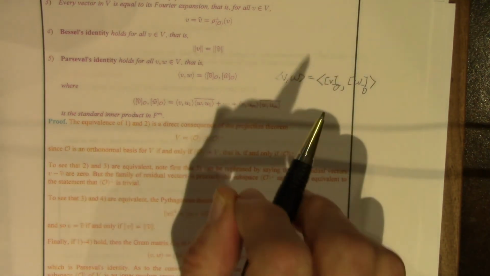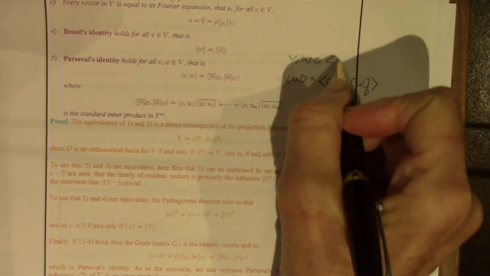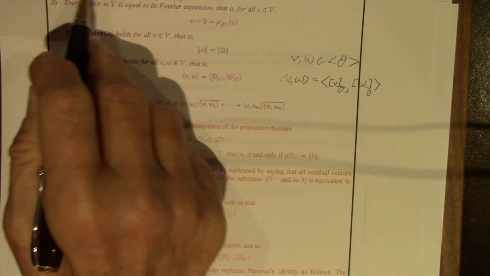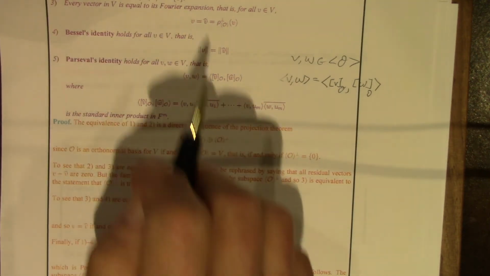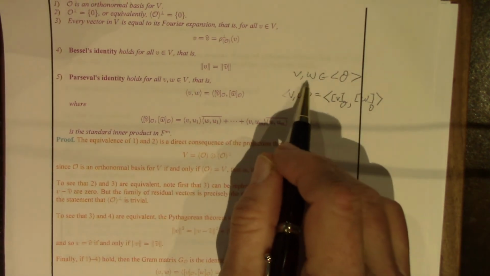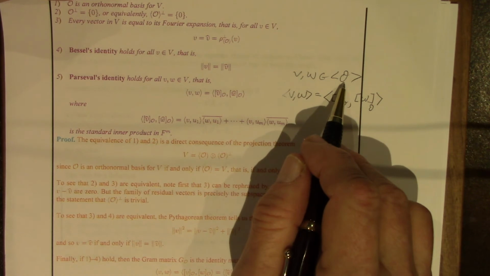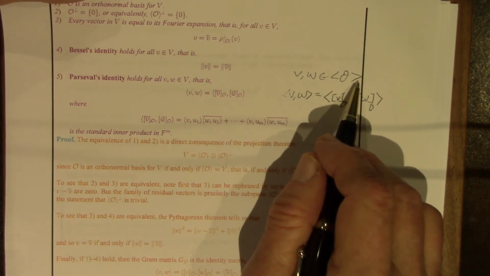Well, actually I better be careful here. V and W have to belong to the space spanned by O. We're not assuming O is an orthonormal basis, we're just assuming it's an orthonormal subset. So for two vectors in the span, now O becomes an orthonormal basis for its own span.